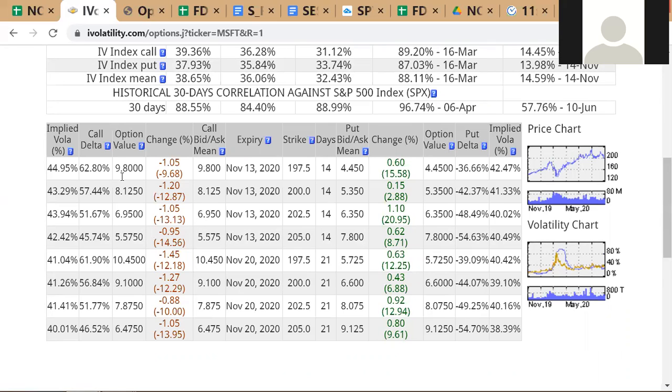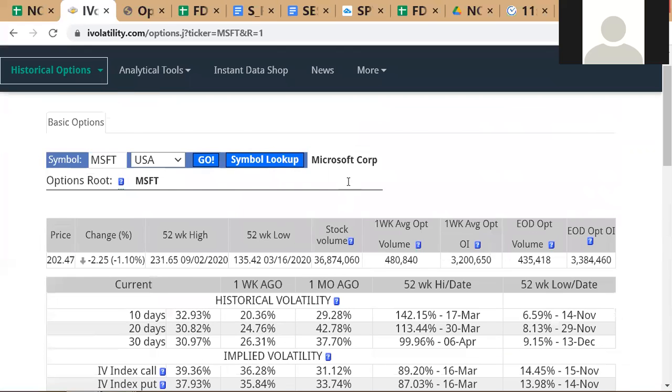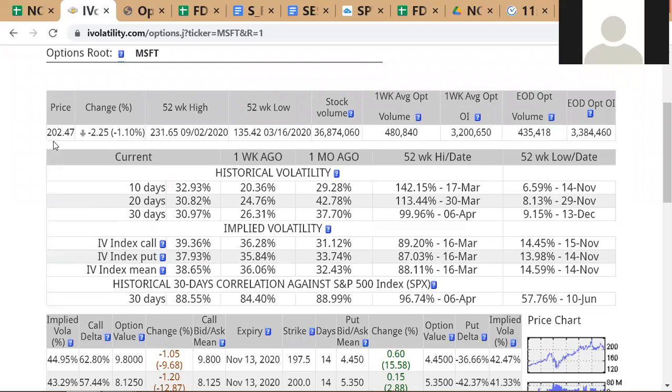So these guys have also made a mistake. They shouldn't call it the value, they should call it the price. These are the prices that you see. This is the November 13th call, which is $9.8 per share. The strike price is 197.5, and the underlying asset price is 202.